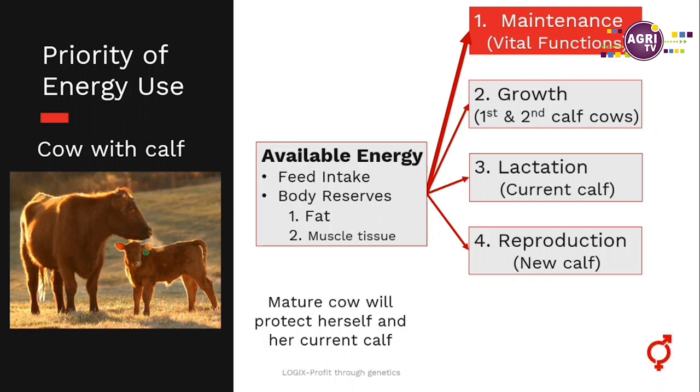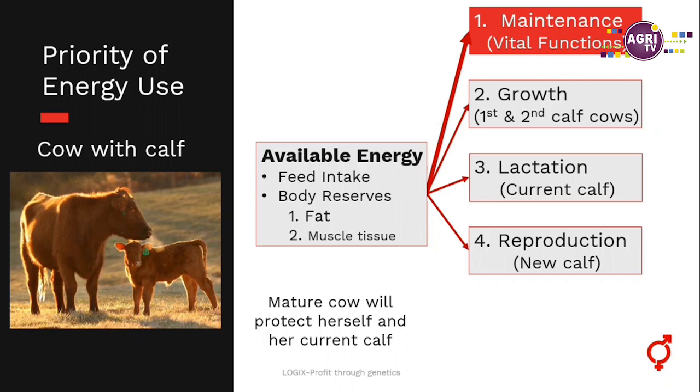So many times this just doesn't happen. There's just not enough energy in the system for her to become pregnant again, and the becoming pregnant is postponed. You can also see if it's a first-time heifer, she has this energy drain, and so she would much easier go into postponing the next pregnancy and have a longer ICP if there's not enough energy in the system. If it's a mature cow that's not growing, naturally she doesn't have that drain, and it's much easier for her to have a shorter ICP.